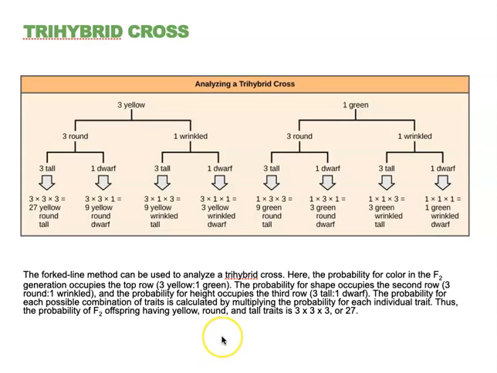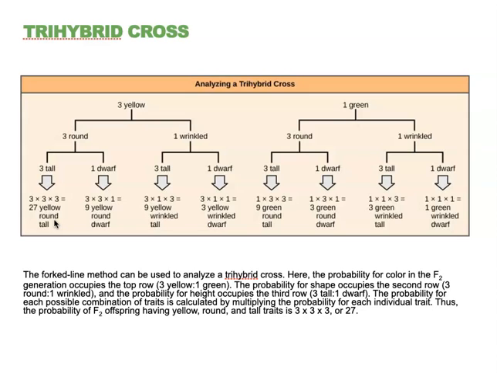Now, trihybrid crosses, this is the stuff that throws biology students into a whirl. They're like, oh my god, I've got all these different possibilities. And the idea, of course, is if this is a genetics class, you'd be doing these all the time. What I want you to do is see 3 yellow and 1 green, and then you have 3 round and 1 wrinkled, and then you cross these one more time. Take a look at what actually happens to the output here.